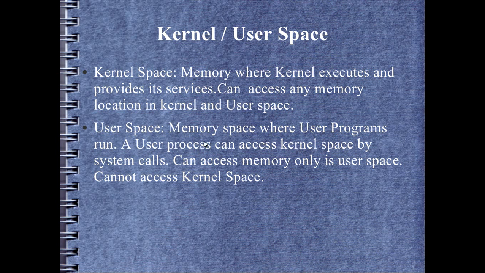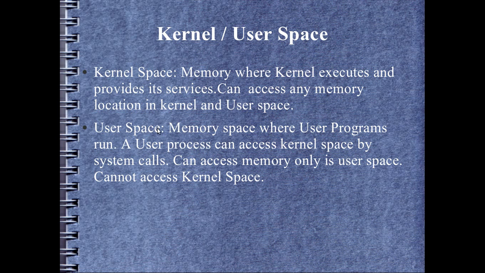Now, the kernel has the ability to access the user space whenever it requires. So it has access to kernel space as well as user space. User space has access only to the user space. It cannot go into kernel space.